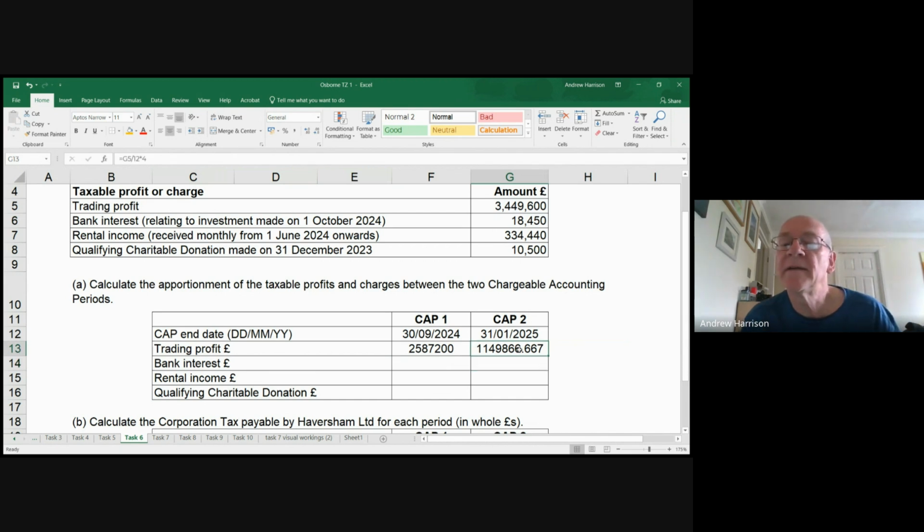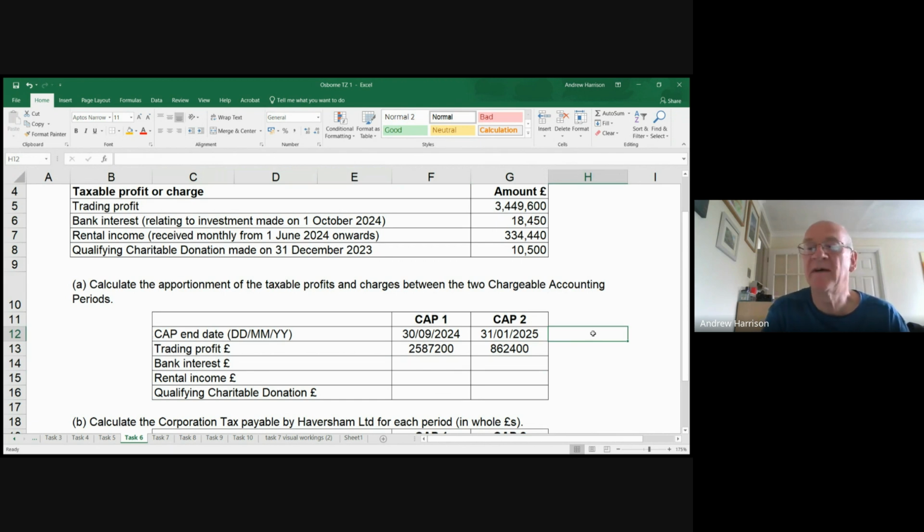Is my calculator not playing right? What's happening? Hang on, what's happening here? 31st of March. Oh, I know what I've done. I've imitated a student's error. It was 4 months, but it was 16 months.